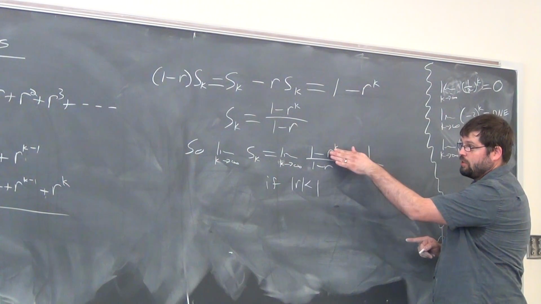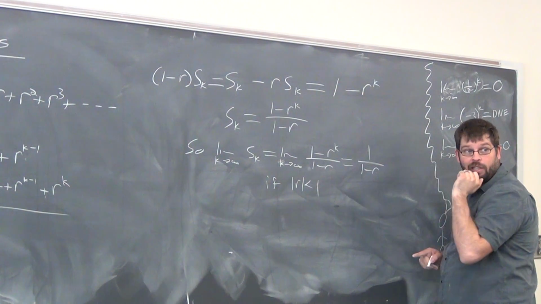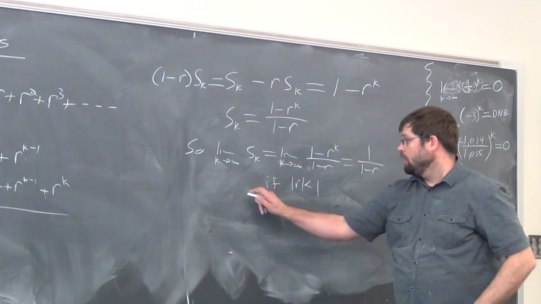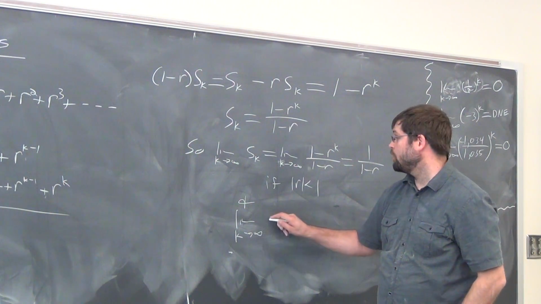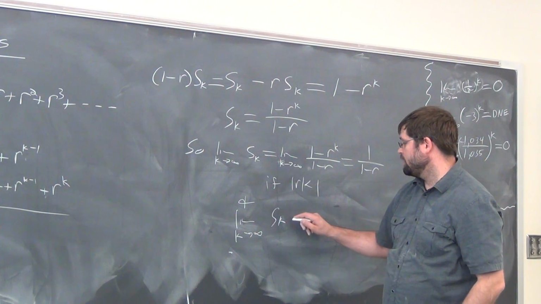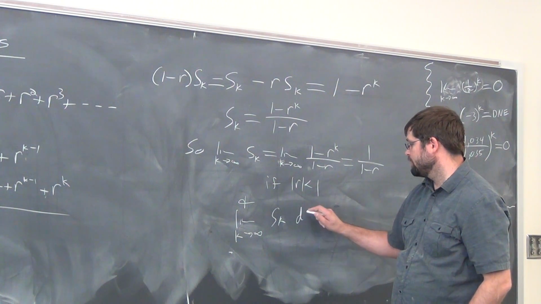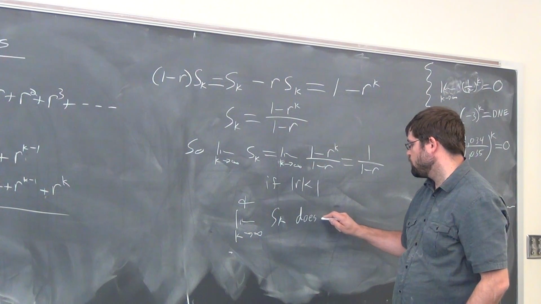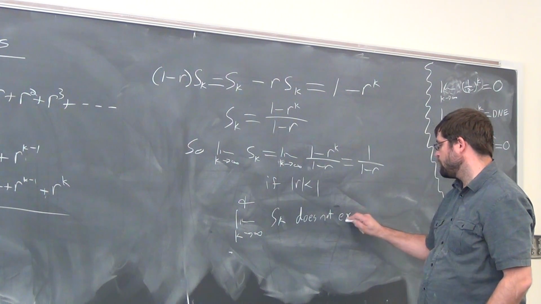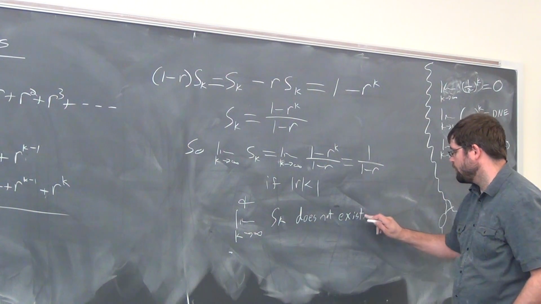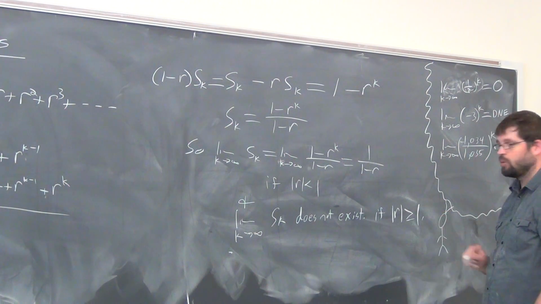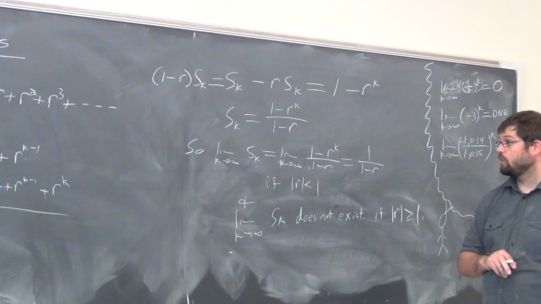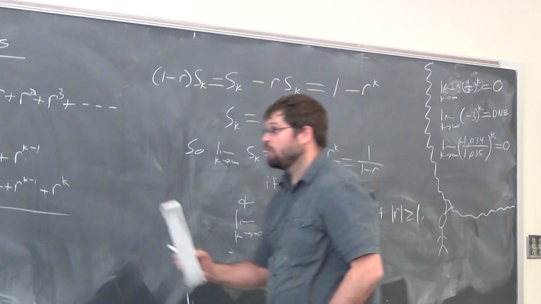So that just goes to 0, and we get 1 over 1 minus r. And the limit as k goes to infinity of the S sub k's does not exist if the absolute value of r is greater than or equal to 1. Okay? So I'm just going to write this down now.